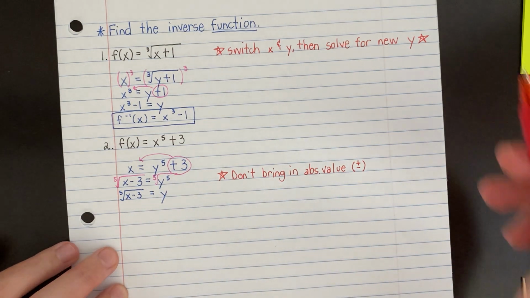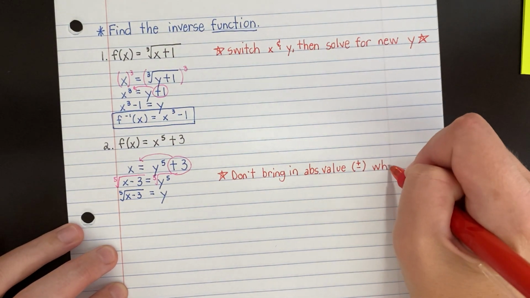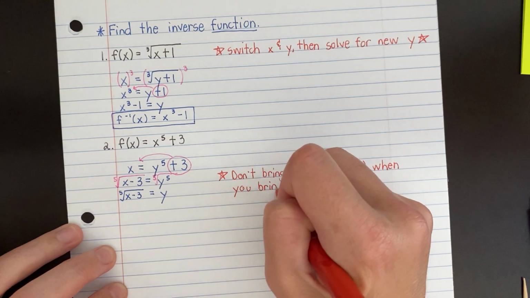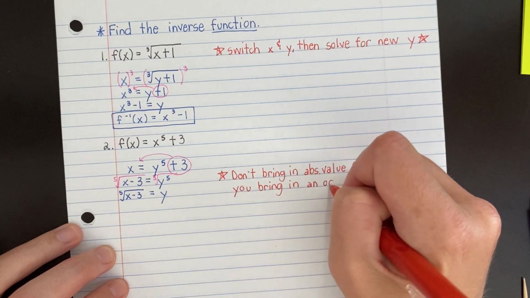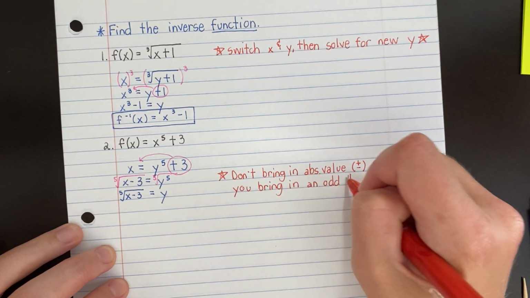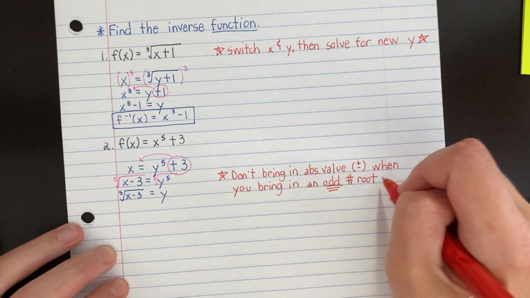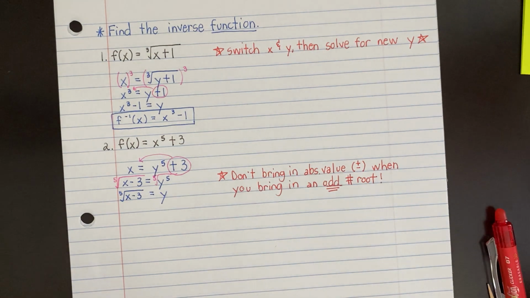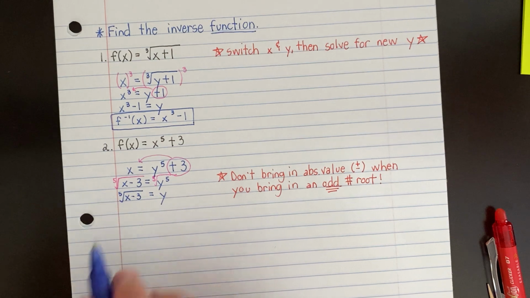I don't bring in the absolute value, which changes to that plus or minus, when you bring in an odd number root. Okay, so again, it's those even powers and even roots that you need to be worried about, not odd. Okay, so we don't have absolute value here. We don't have plus or minus situation.